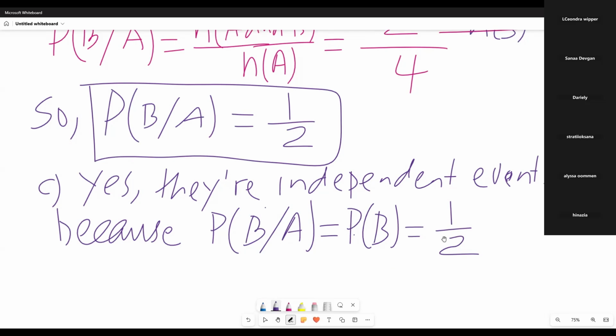Is this clear? Yes. They are independent because the probability of B given A is equal to the probability of B. Got it?